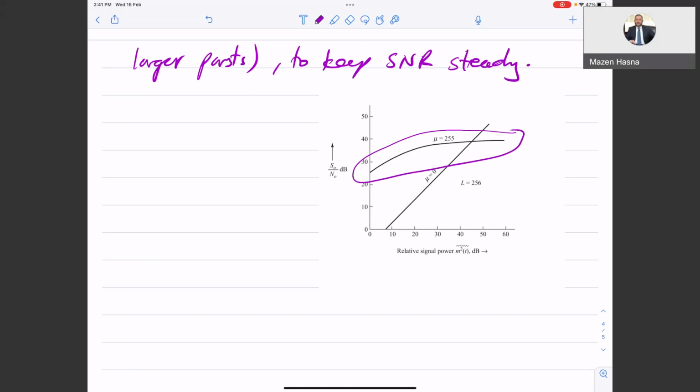Especially, this part is not that important. What's important is when the signal is very low, which is a very low signal to noise ratio.